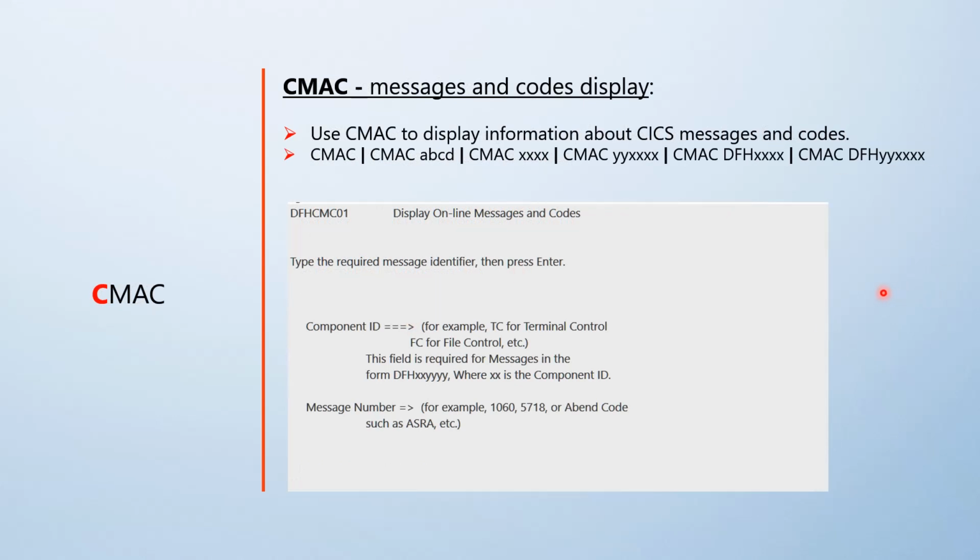Yeah. And this message and code display transaction, that is CMAC, is just used to display CICS messages and codes. And this is the syntax of how you use it.